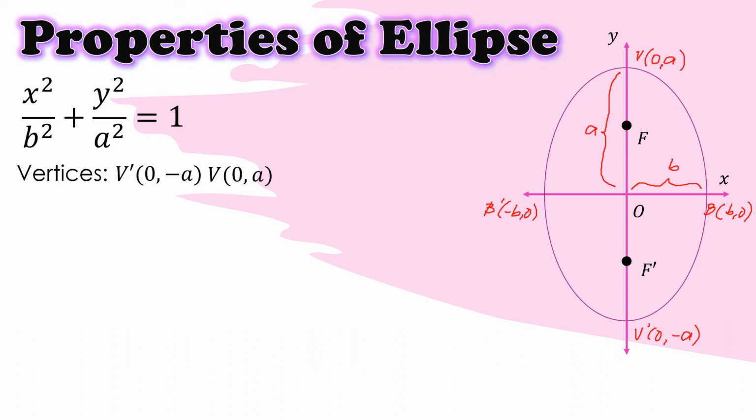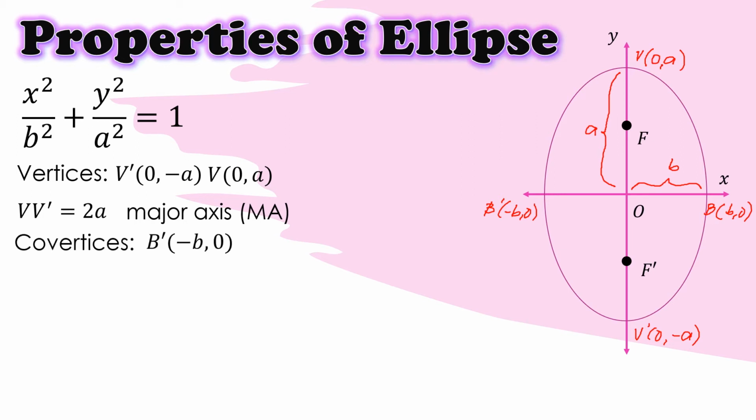The distance between the vertices is the major axis, hence the length of the major axis V prime V is equal to 2a. Also, the ellipse cuts the x-axis at its co-vertices B prime, negative b, 0, and B, b, 0.